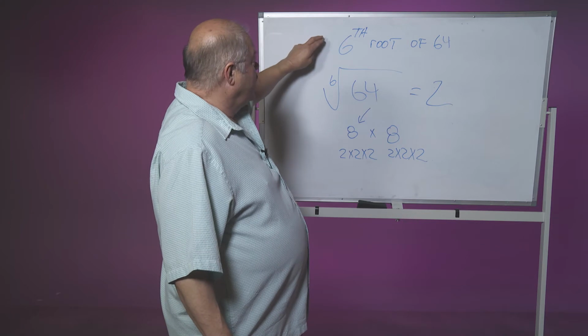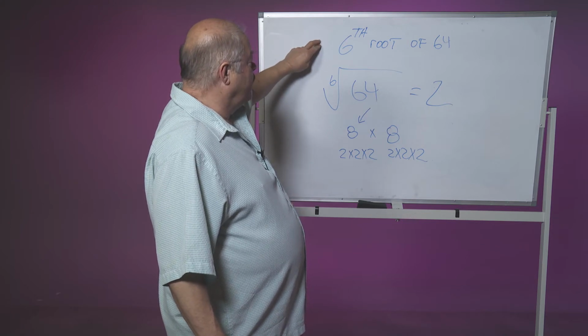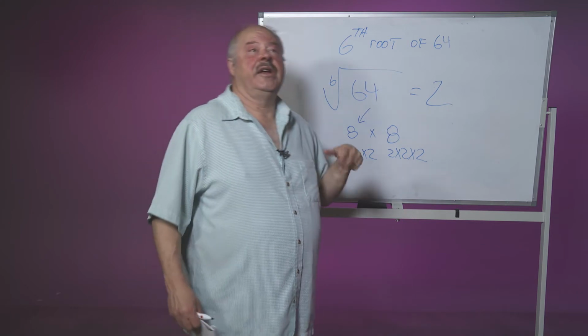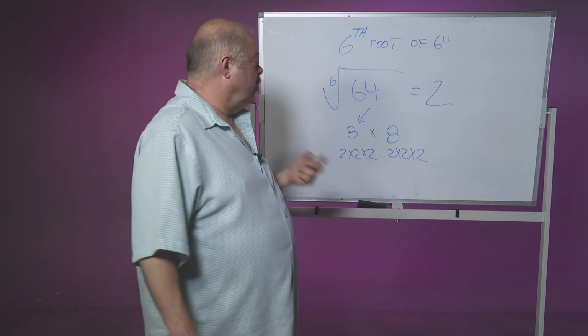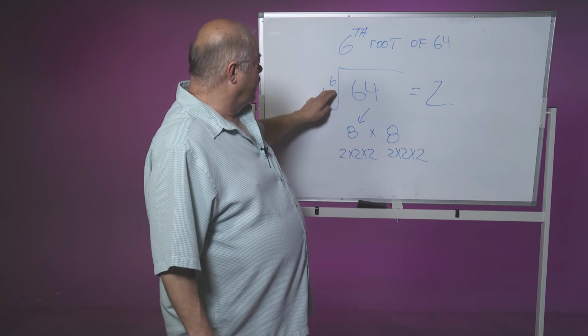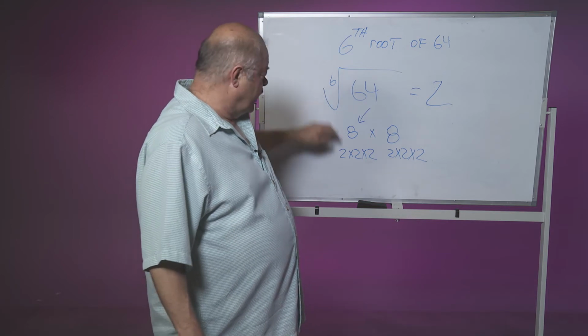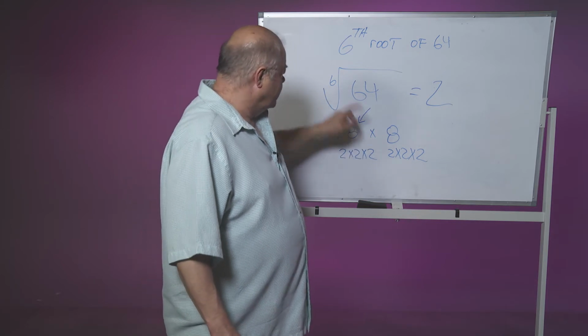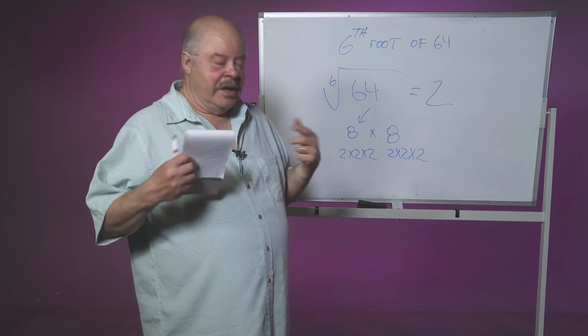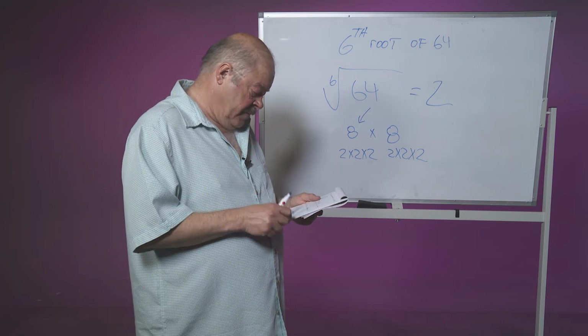So that would be a fancier way of testing whether you understand roots, square root, cube root. They could pick just a weird number here and see if you understand the answer is some number times itself that many times.